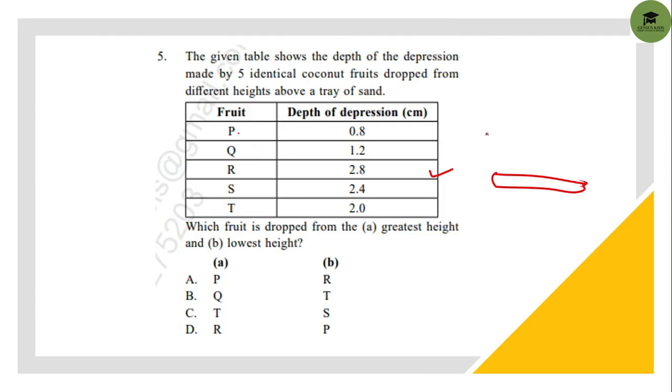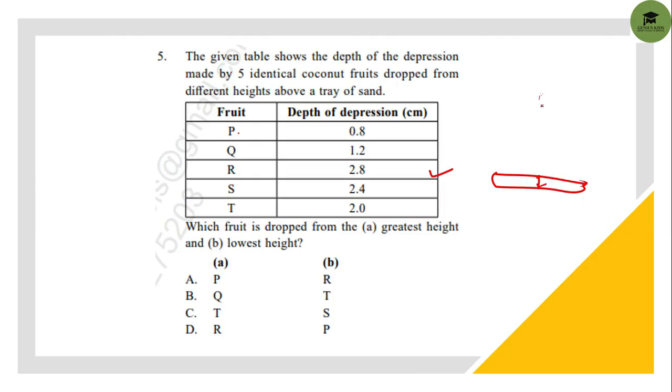The fruit which is at the highest point has the highest potential energy. So when it drops and touches the tray of sand, this potential energy is converted to kinetic energy, and it results in a deeper depth of depression.